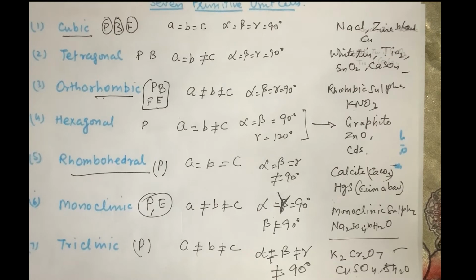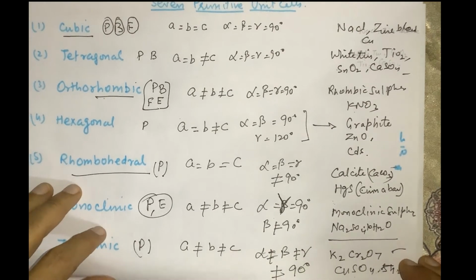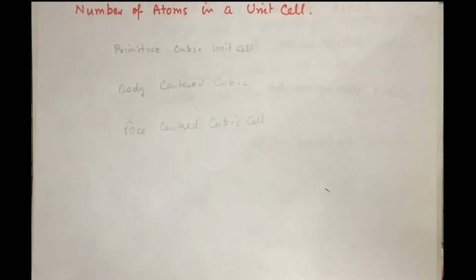So this is the table. You can learn it. And now we come on to our next topic, that is number of atoms in a unit cell. See, crystal lattice is made up of very large number of unit cells, and each unit cell has constituent particles.